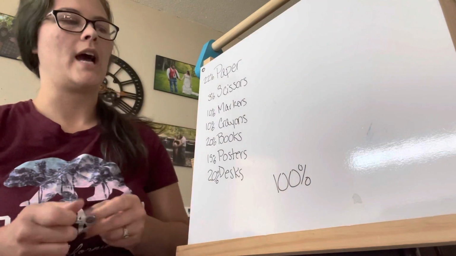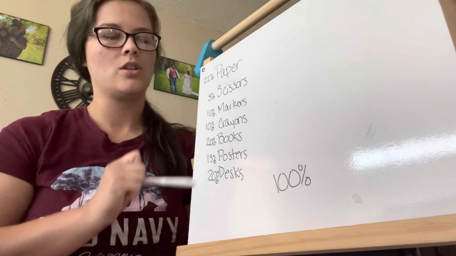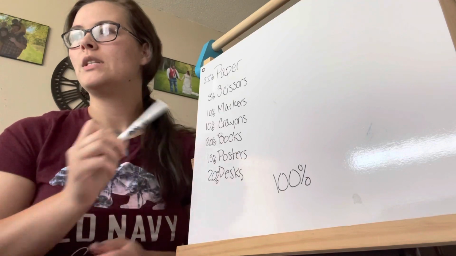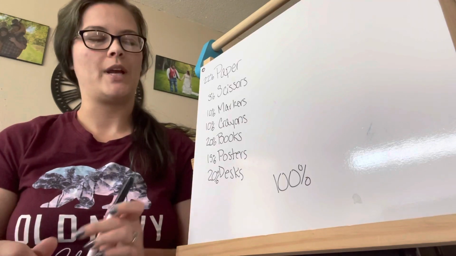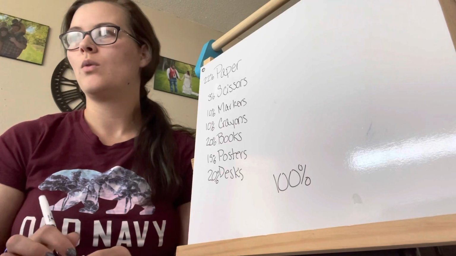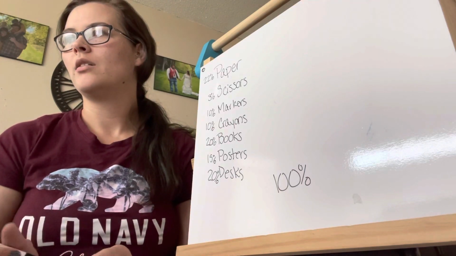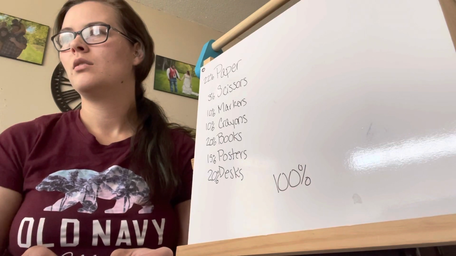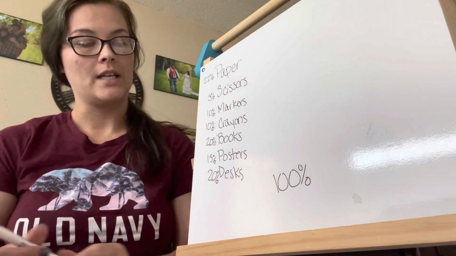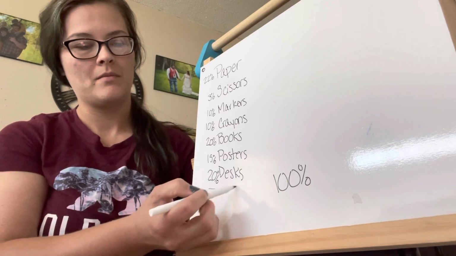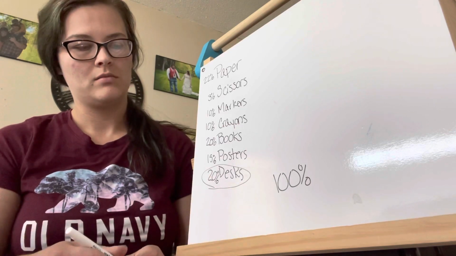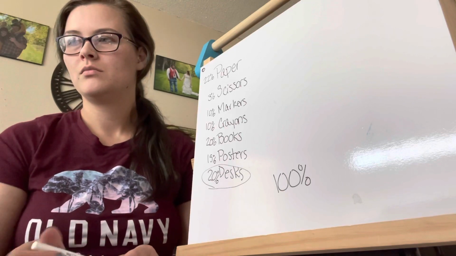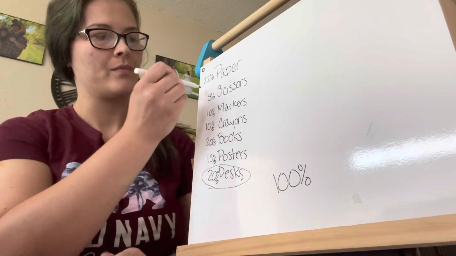So when you're looking at it, if you had to choose which 2 items you see most often in a classroom based on the percentages, which 2 do you think would be the higher? Desks would be a high one, yep. And paper, yep.